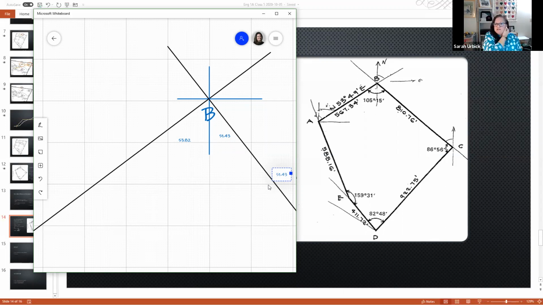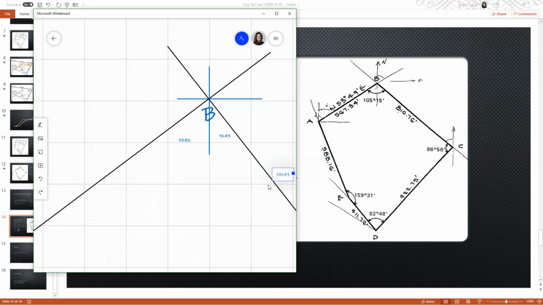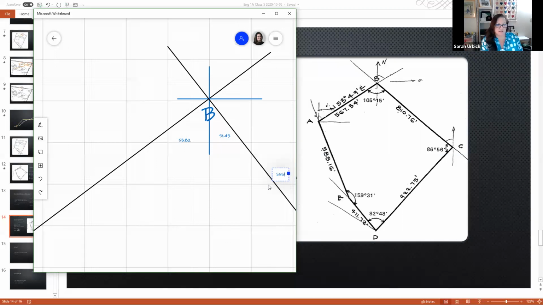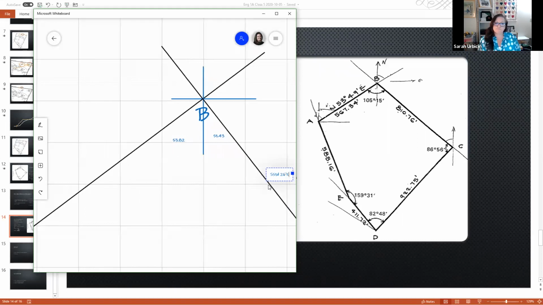So what kind of a bearing does that give us? South to east. Absolutely. Yes, thank you. So it's south 51 degrees. I'm going to use a D since I don't have the little degree symbol handy. All right. 26 minutes east. Pretty good.